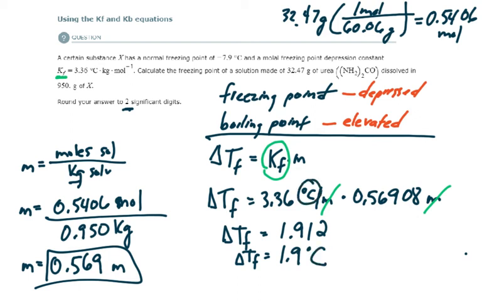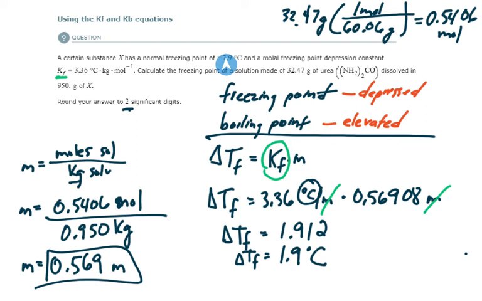Okay, but that's not our answer. That's the freezing point depression, but it's not our final answer. We need to figure out what the new freezing point is. What's the original freezing point? There it is: negative 7.9 degrees Celsius.